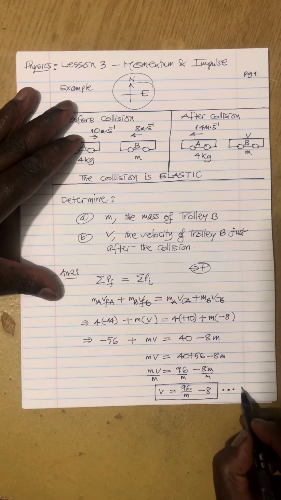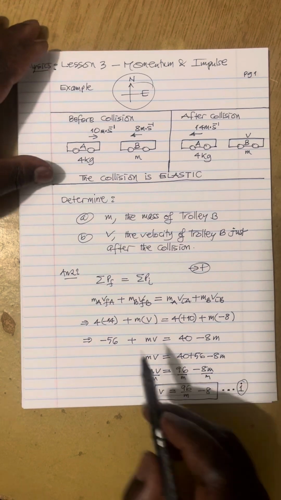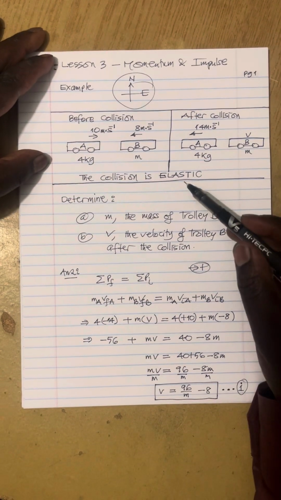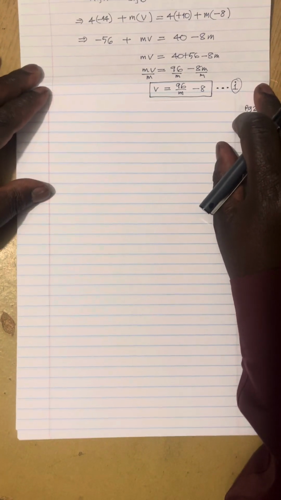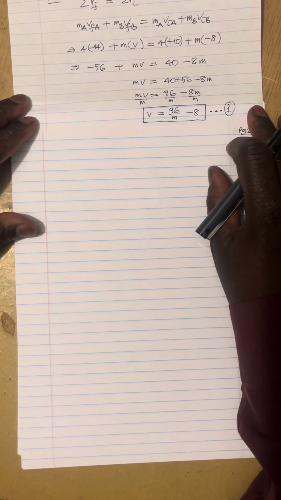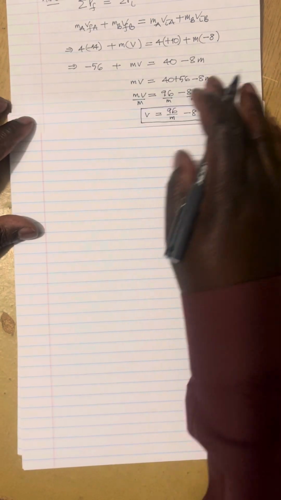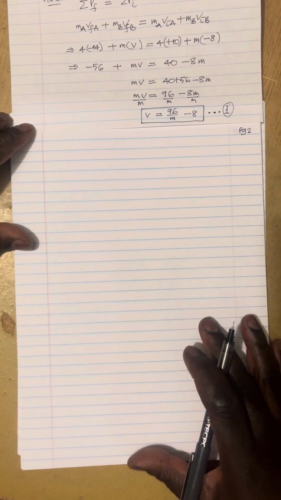We have been able to obtain this equation from the principle or the law of conservation of linear momentum. But we're told the collision is elastic. And therefore, let's move to page 2, where we're going to use the second principle. And the second principle says that total initial kinetic energy must be equal to total final kinetic energy because the collision is elastic.